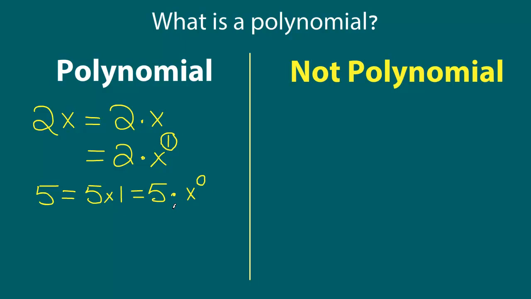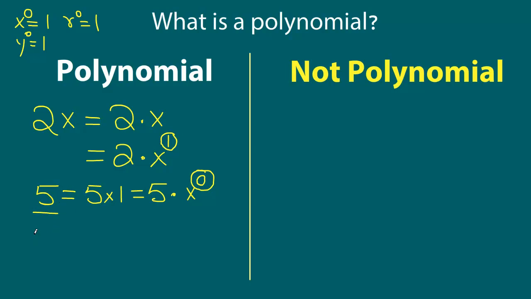Because remember that any of the variables, when you raise them to the power 0, it is equal to 1. So x to the power 0 is 1, y to the power 0 is 1, r to the power 0 is 1. So whenever we have a variable raised to the power 0, it is 1. So instead of 1, we can write this as x to the power 0, and 0 is a whole number. So this is called a constant polynomial, but for now, this is definitely a polynomial.